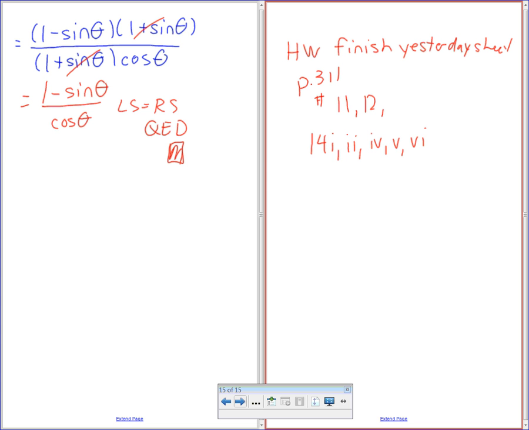Now write that down. The reason we're doing 14 like that is because 14 says, are these identities? And I don't like that question. So 1, 2, 4, 5, and 6 are identities. 3 is not, so I haven't asked you to do that. I'm never going to give you a question that says, does this work, yes or no? Because that's just a waste of your time to spend an hour trying to prove something that can't be proven, right? So all those can be done.